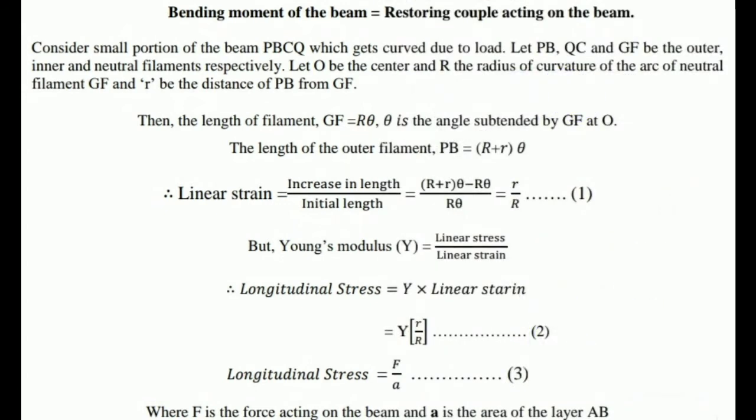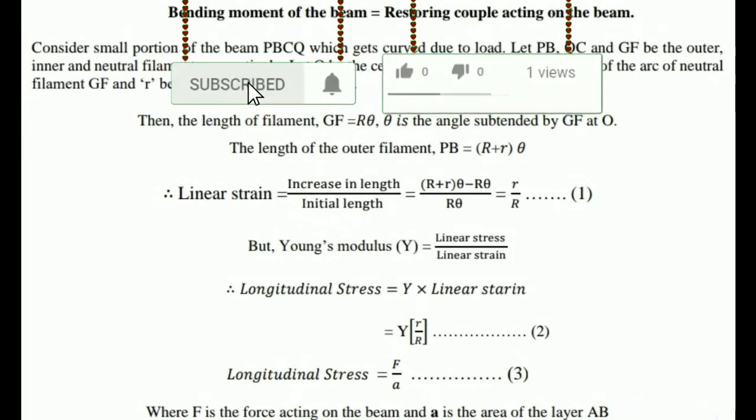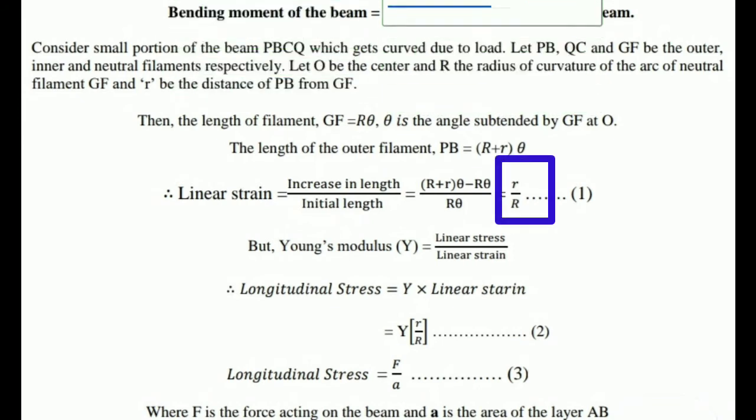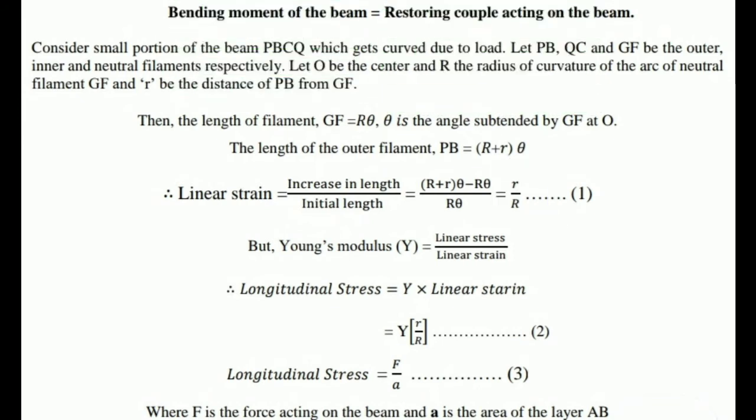Now we see the definition of linear or longitudinal strain: change in length by original length, that is, increase in length by initial length. The initial length is R theta and the change in length is (R plus r) theta minus R theta. If we solve it, we get r by R. Take it as equation number 1.